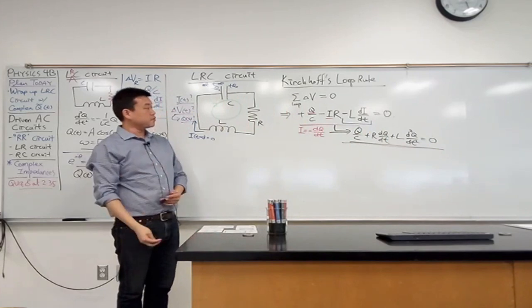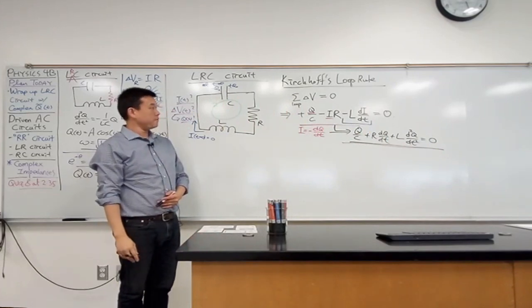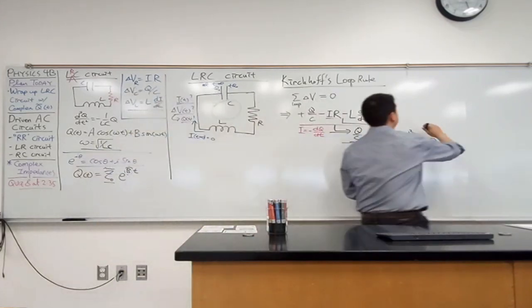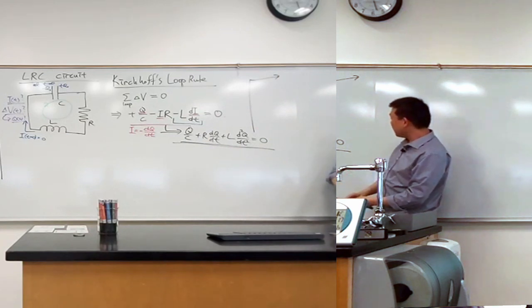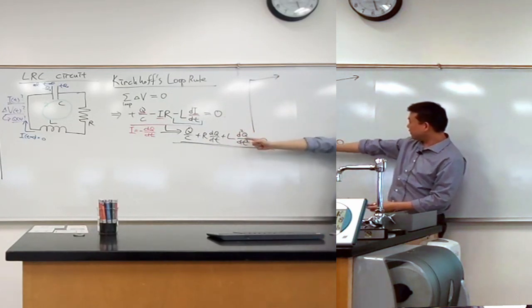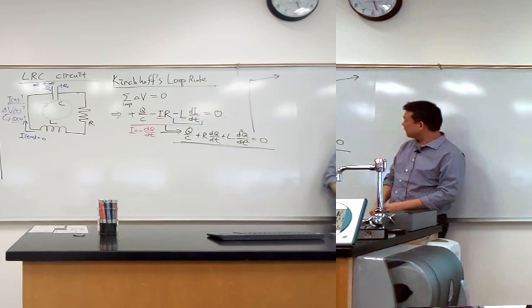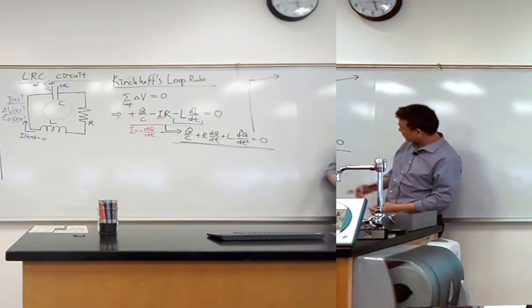And when you put this into standard form, what I call standard form is where I solve this for the highest order derivative. I guess it won't really help me at this stage, but let me do it anyway.